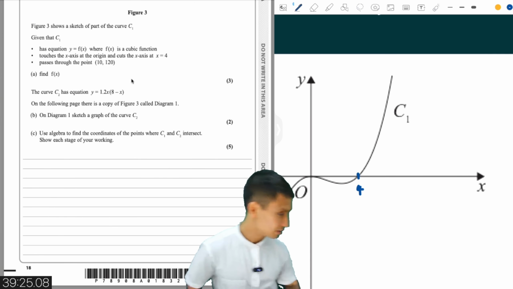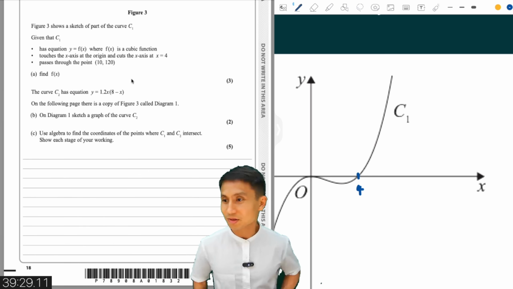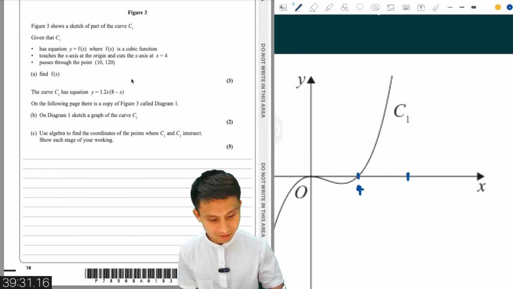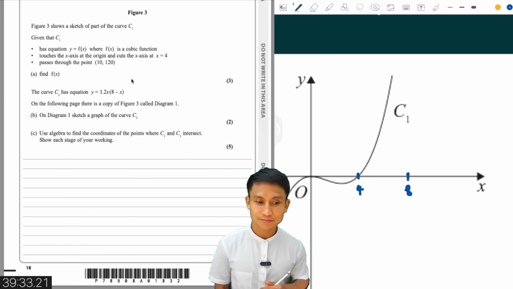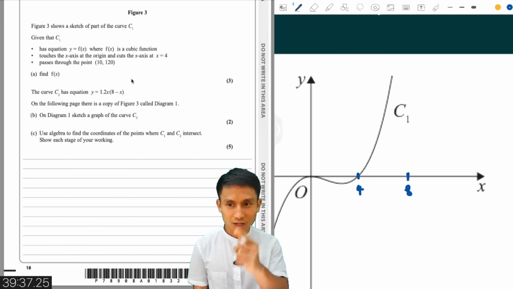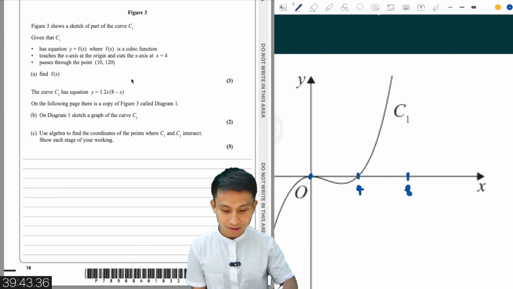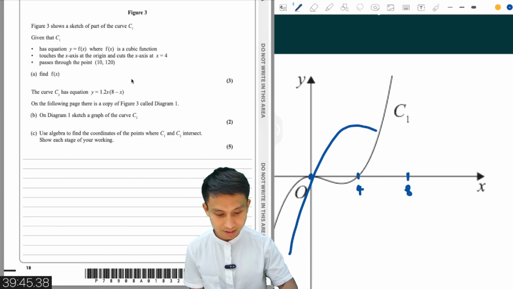Wait, hang on. Let me check something. I think I saw something, but anyway. Okay, 8. And then the curve should also cut at 0 because we have 1.2x there, so it cuts at 2 points. The curve should be an inverted parabola, so it should look something like this.